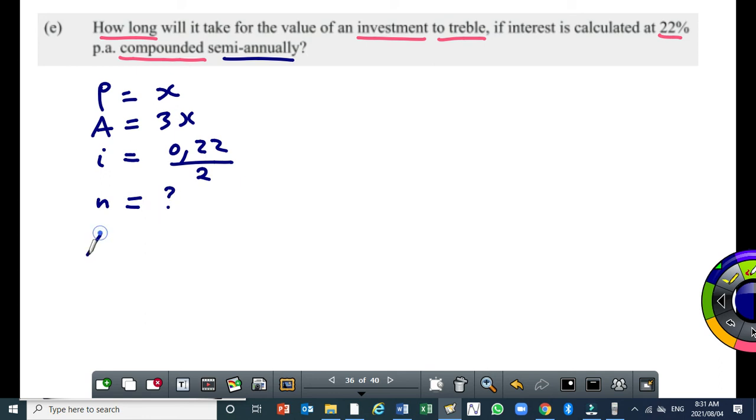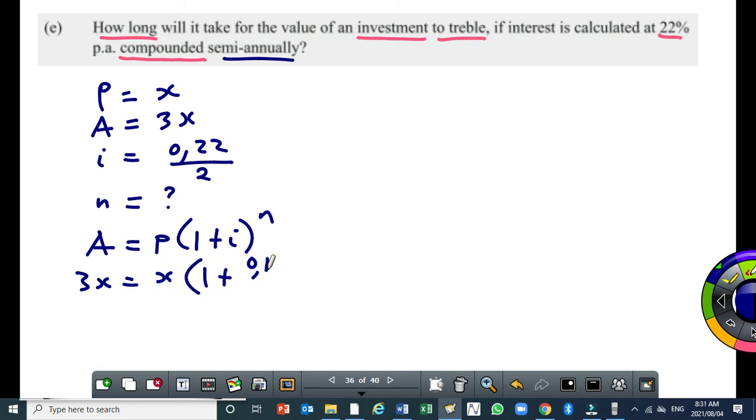We're going to use this formula A equal to P times 1 plus I raised to the power of N. Then you substitute where there is A, you put 3x there. Where there is P, you put x. Then where there is I, it's 0.22 over 2 raised to the power of N. Now, you don't need to get confused.